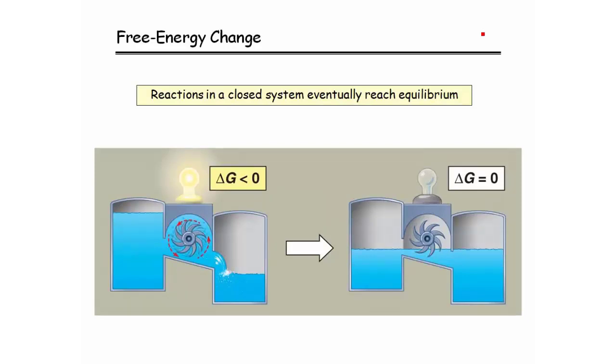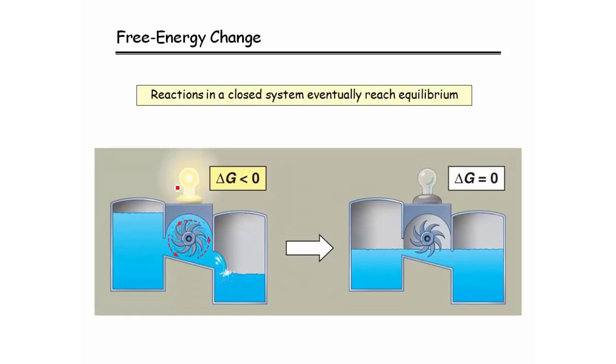Now, if we go back to our idea of closed systems, we said that living organisms cannot be closed systems. And this diagram right here is illustrating the reason for that. We said that all reactions really want to proceed towards the lowest possible state of potential energy, or lowest possible state of free energy. That's equilibrium. So in the first diagram, we see water flowing down this hill. As it goes down the hill, we've got the wheel turning and we've got a light bulb on. So things are happening in that particular system.